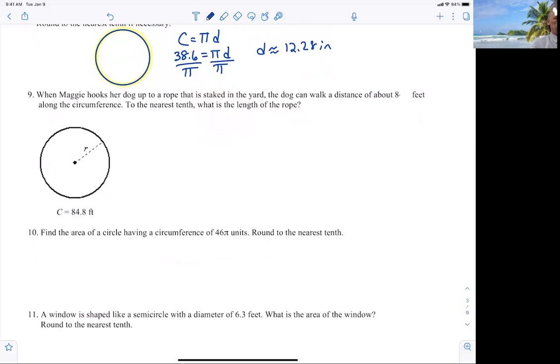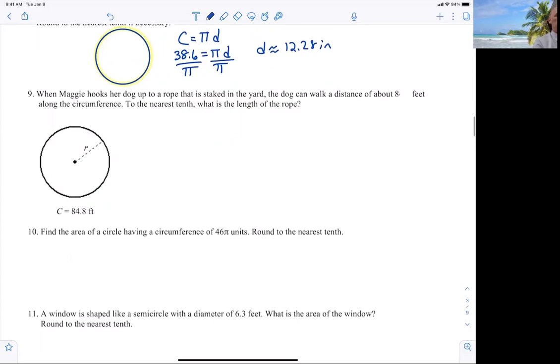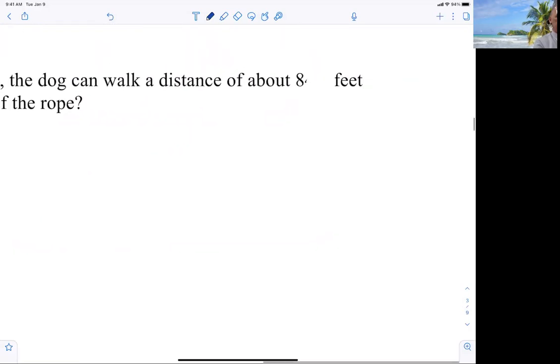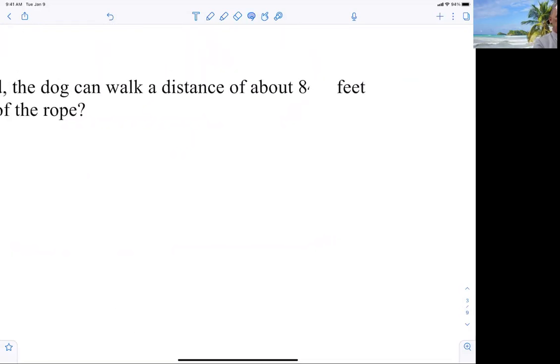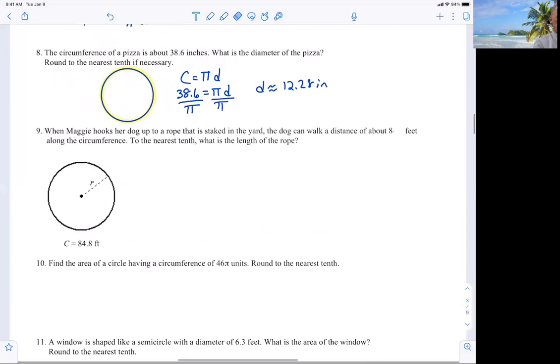So Maggie hooks the dog with the rope that is safe in the yard. The dog can walk a distance of about 8. No, that's just 8. So the dog can walk a distance of about, let me see, I think I just accidentally erased that.